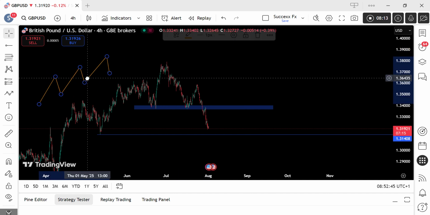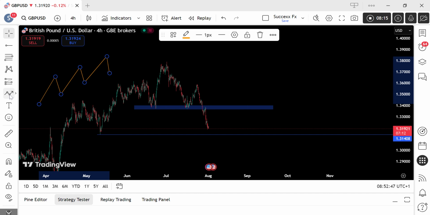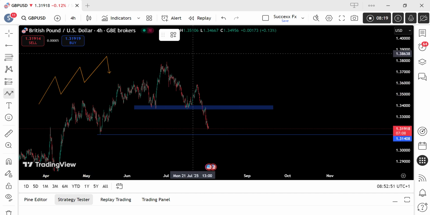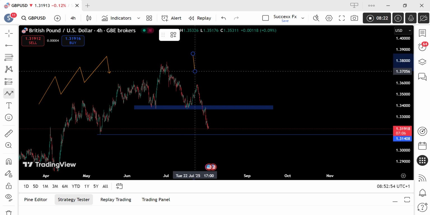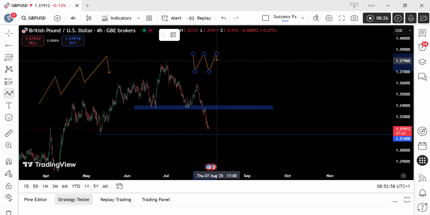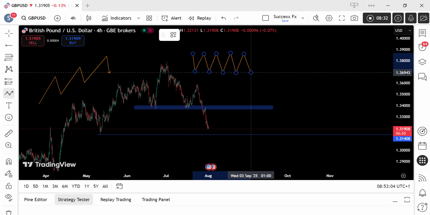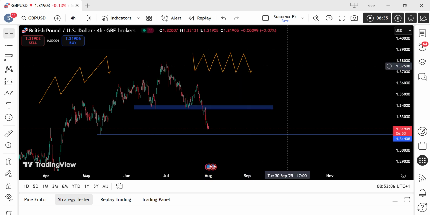Let me put this one here. That's one way that price moves, or it can either move in a consolidation. This is consolidation in a range. This is not a good time to trade. All right, this is chaotic. All right, so price moves like this also.